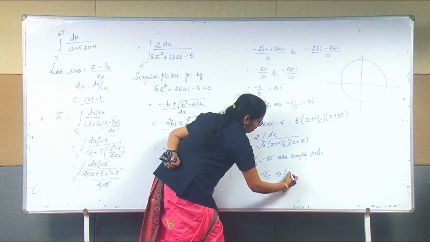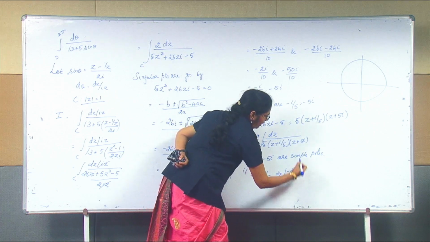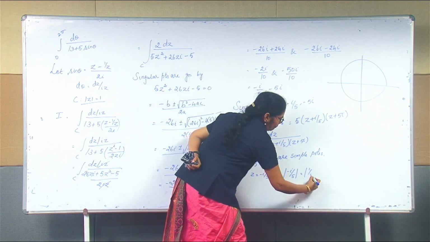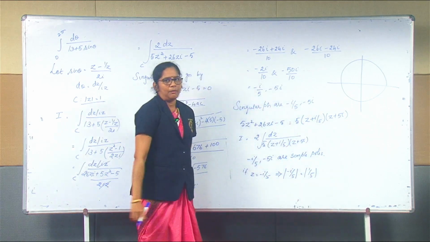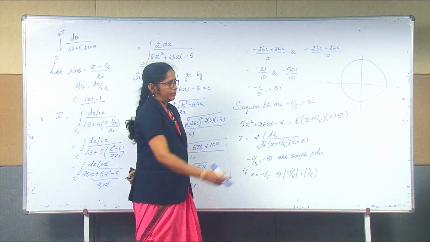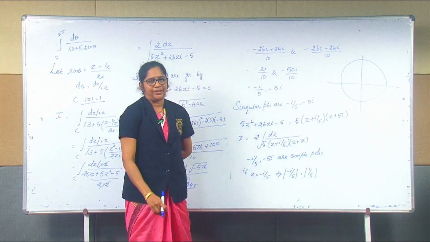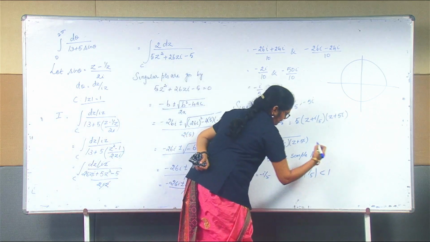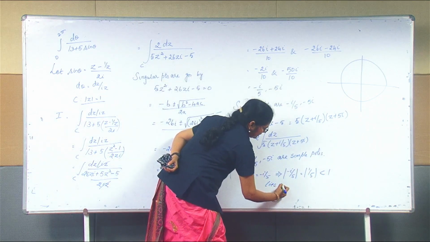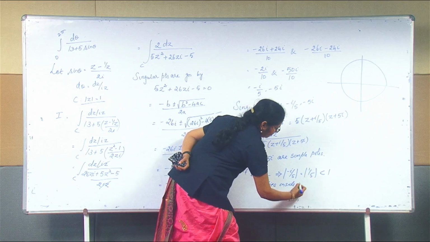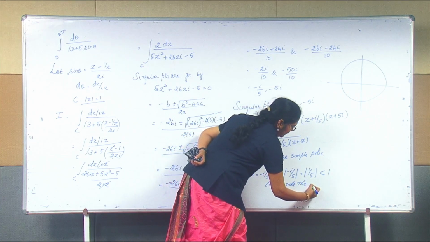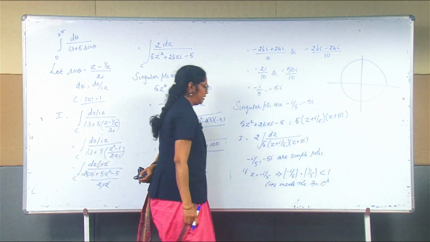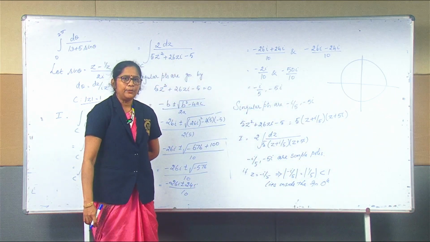It is nothing but modulus 1 by 5. You know that 1 by 5 value is 0.20. Obviously 0.20 is less than 1, so it lies inside the given circle, the unit circle.